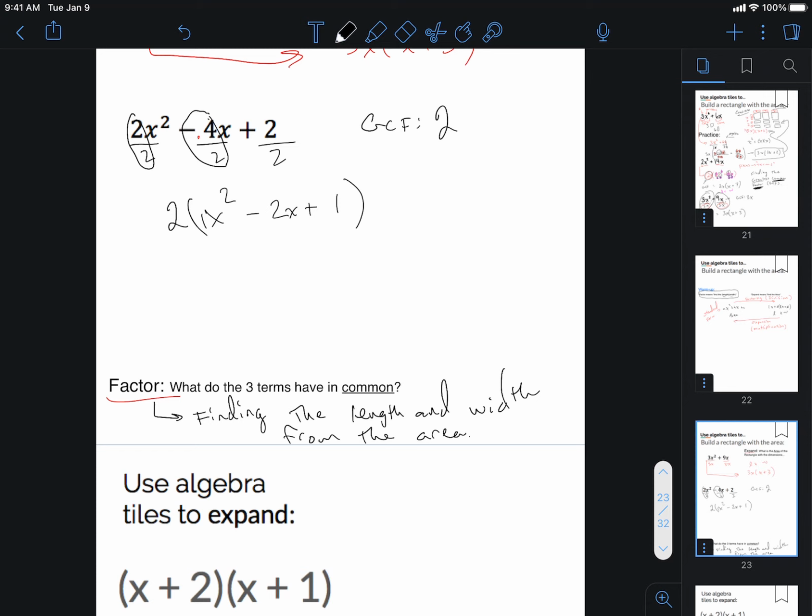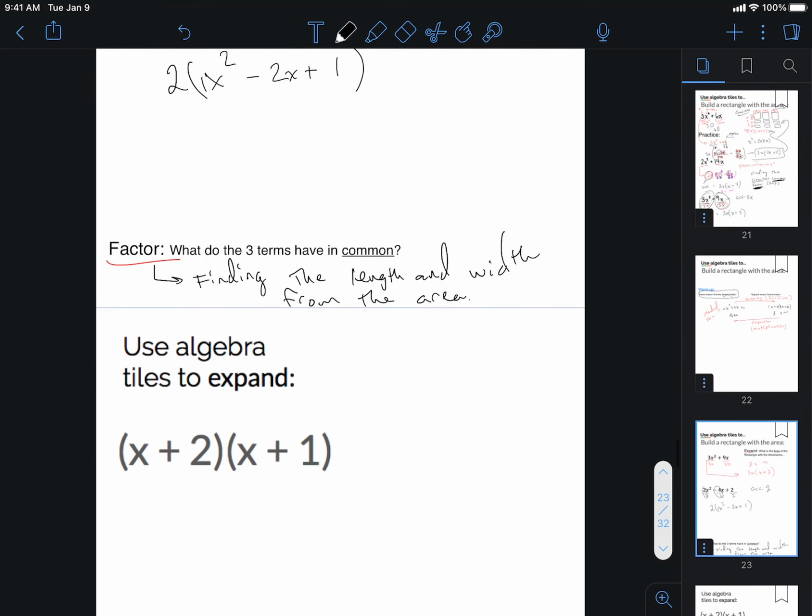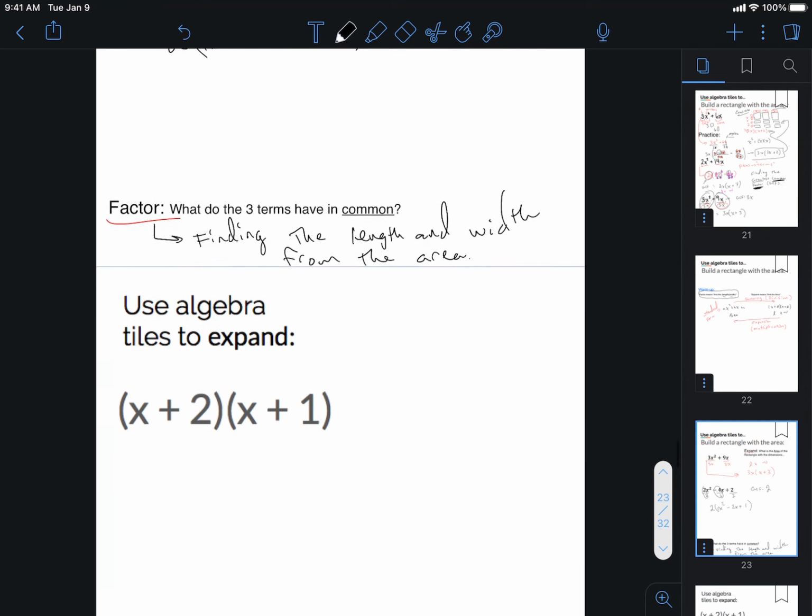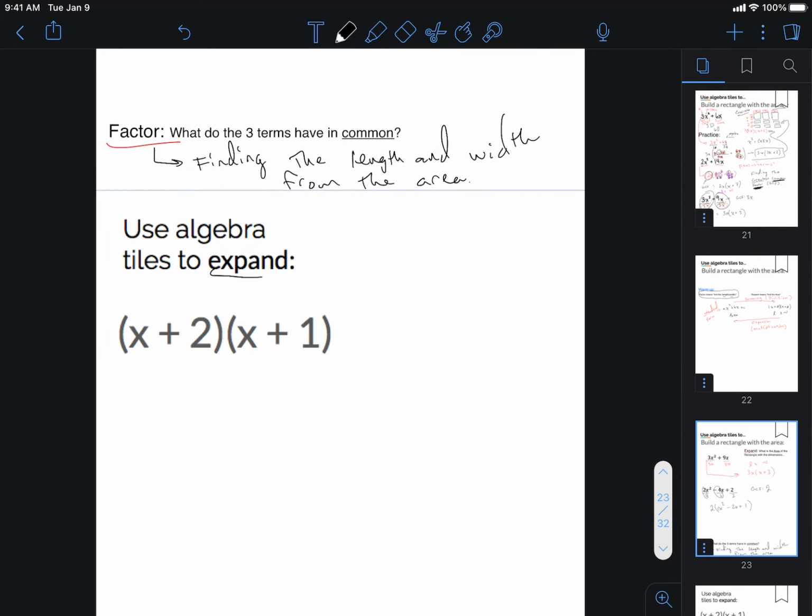Okay, so here's what we've got, and the expansion is nice from the standpoint that you guys already know how to do this. Okay, we've told you with expansion what the length and width are, and I'm asking you to produce the area this time.